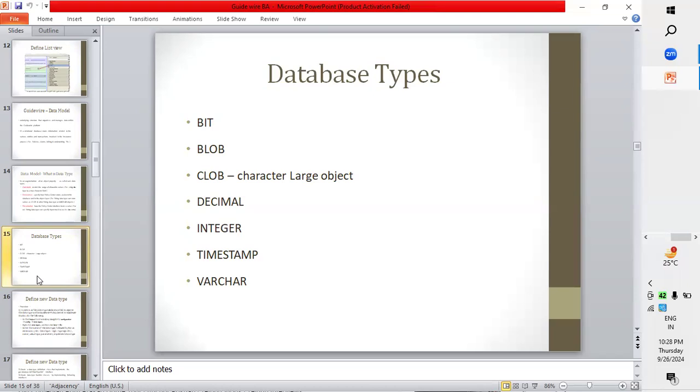Second, policies. Third, service portal. Next, payments.